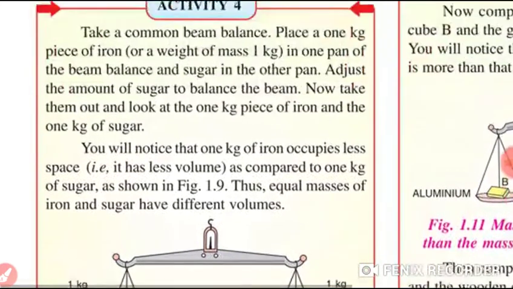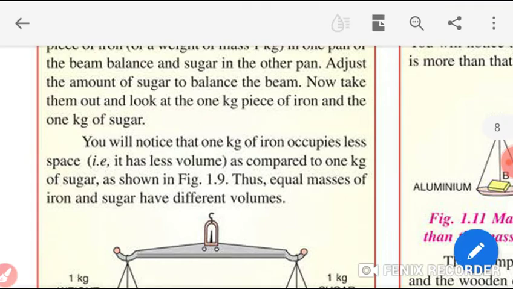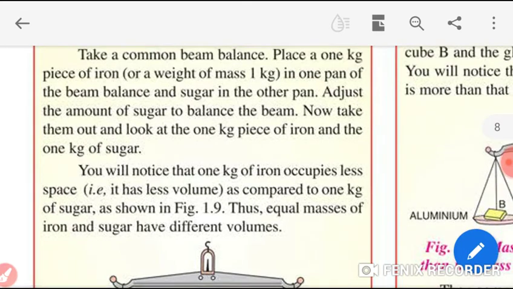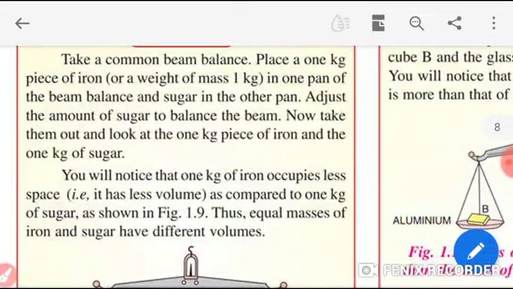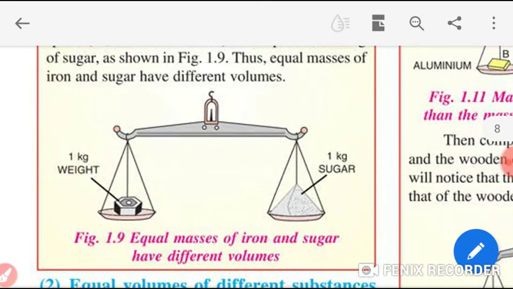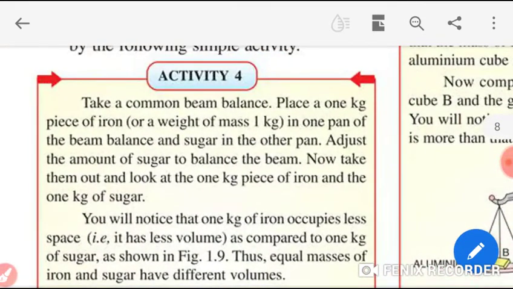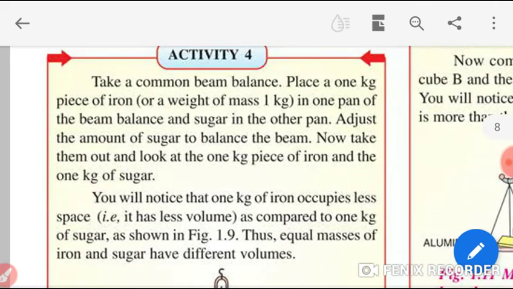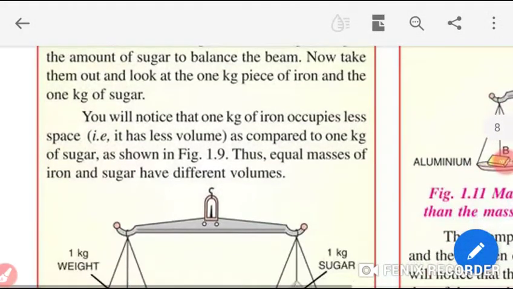Place 1 kg of iron, a weight of mass 1 kg, in one pan of the beam balance and sugar in the other. Here you have to adjust the amount of sugar to balance the beam.